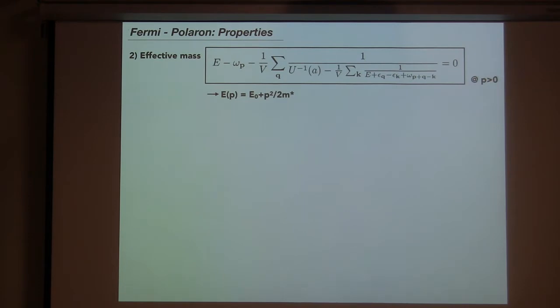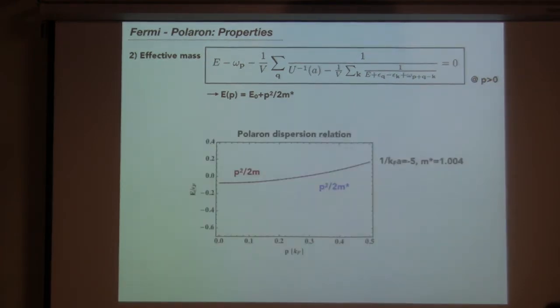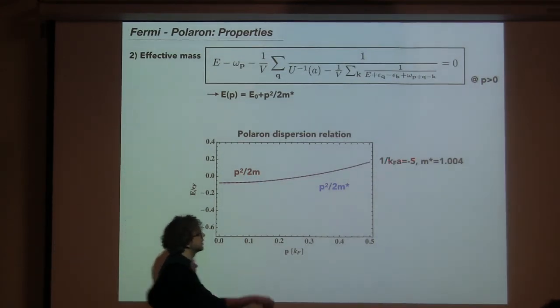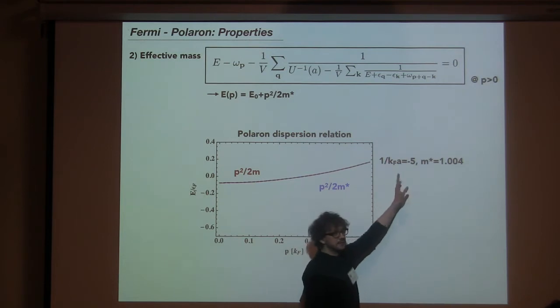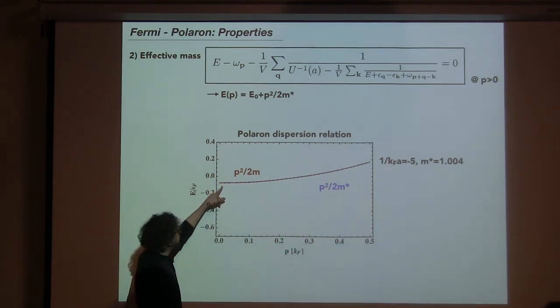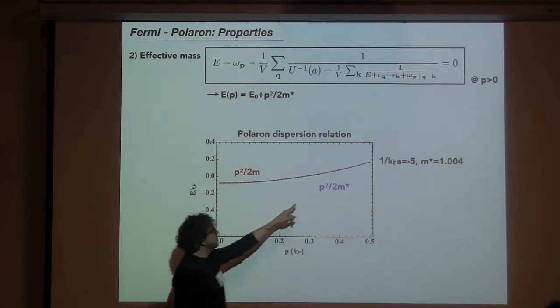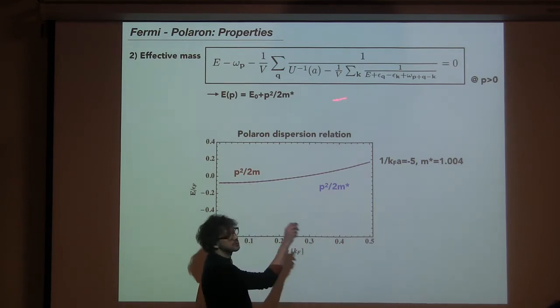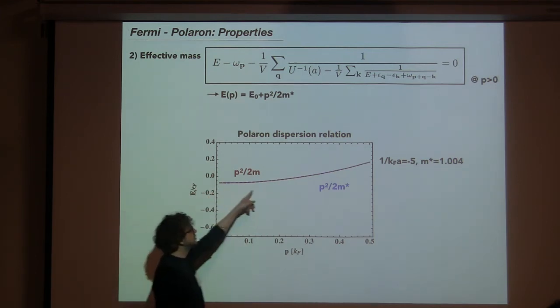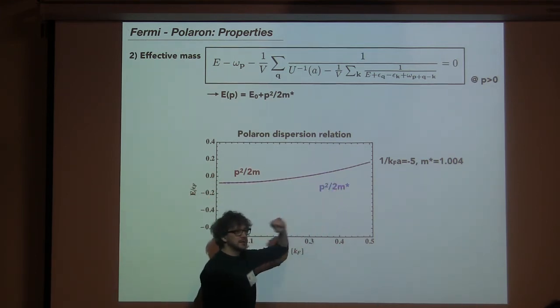We can put this again on the computer, solve this consistently or graphically. And what I show here is now for a rather weak interaction strength, 1 over kA is -5, very weak attraction. What I show here in blue below this red curve, I show what gets out from this solution. Here's momentum versus the energy. You see a nice p-squared over twice the mass dispersion relation.